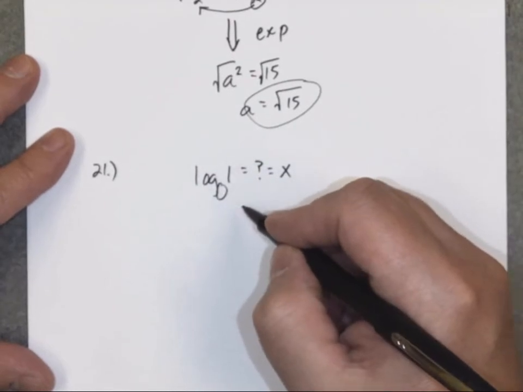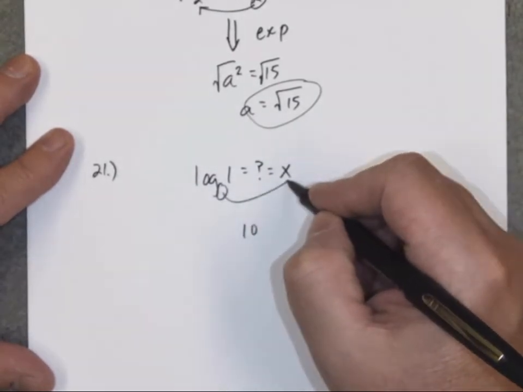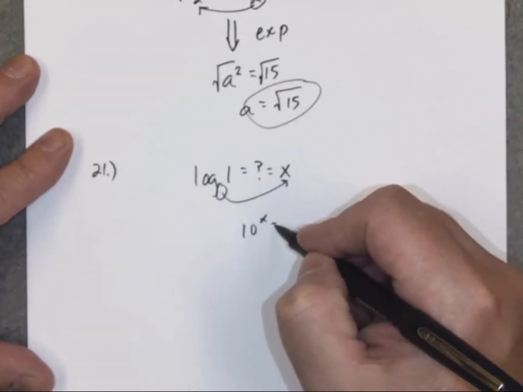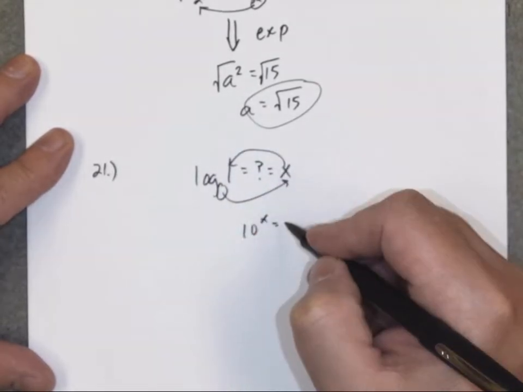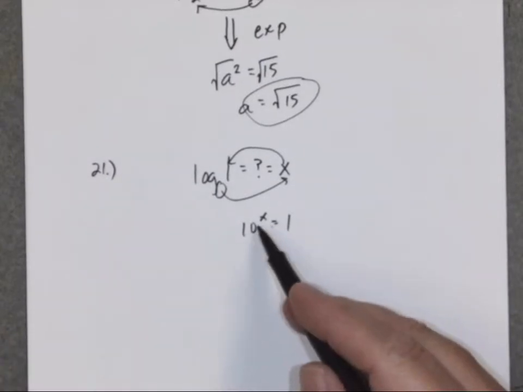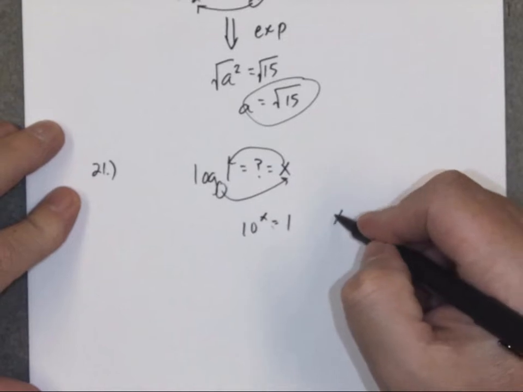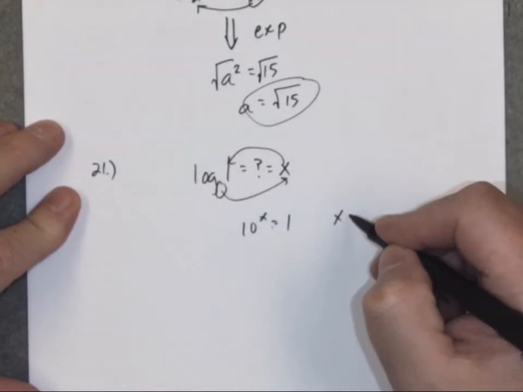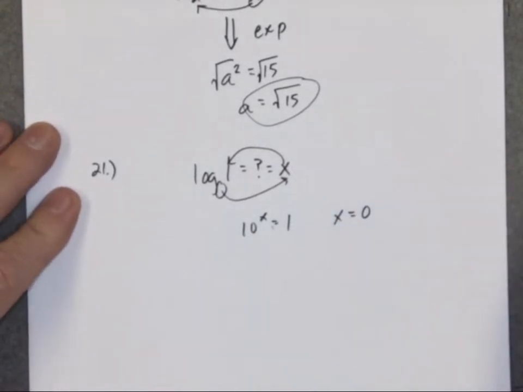There's really a 10 there, right? So 10 to the x equals 1. Now if you look at this exponential equation, what does x have to be? 10 to the x equals 1. We know x has to be 0.